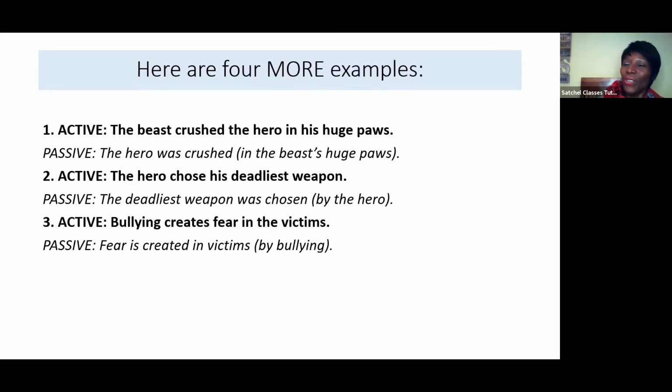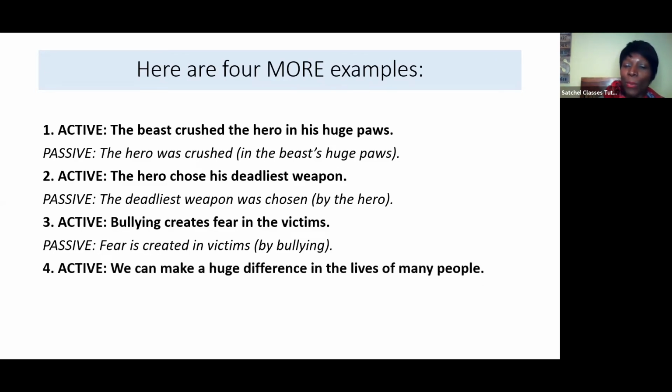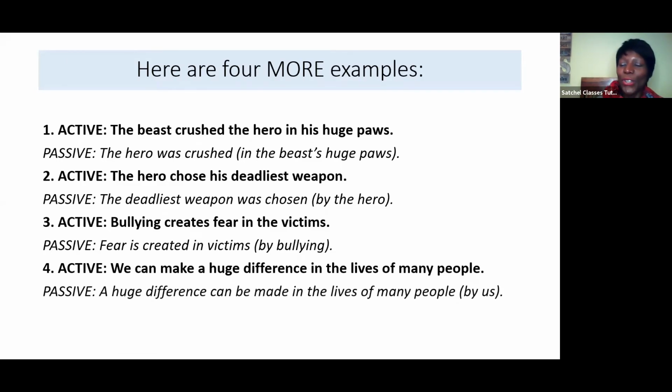What about another non-fiction example? We can make a huge difference in the lives of many people. So this is non-fiction, this speech about bullying. A huge difference can be made in the lives of many people. A huge difference can be made. It's not telling us who is making the difference until the very end, by us. So it's adding formality to the writing.